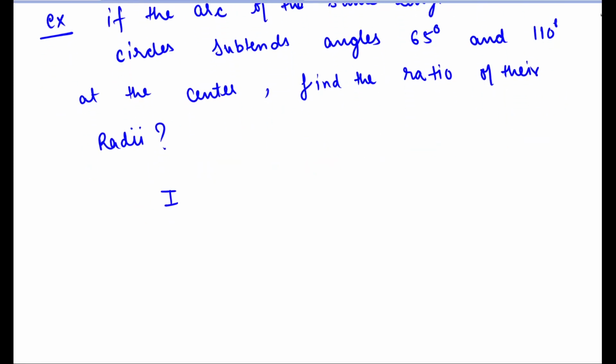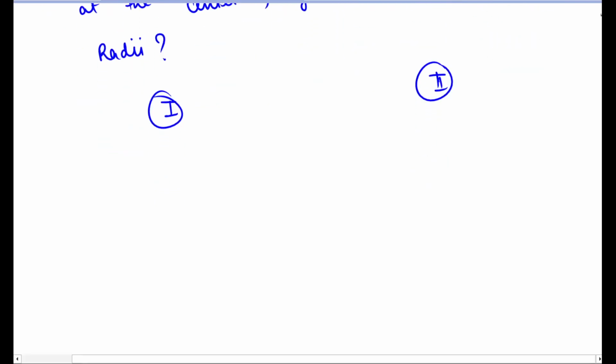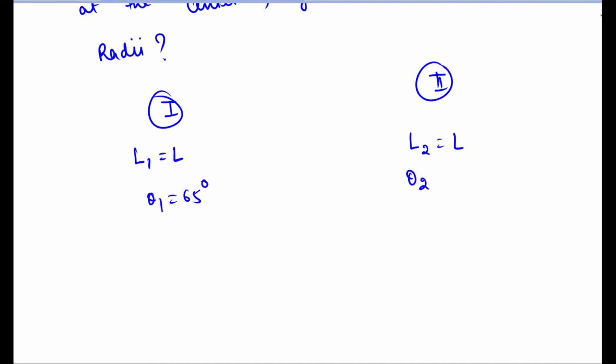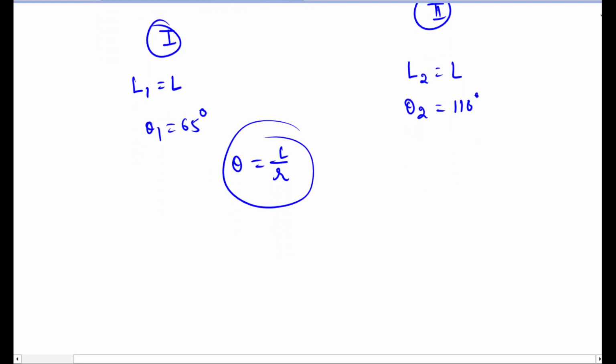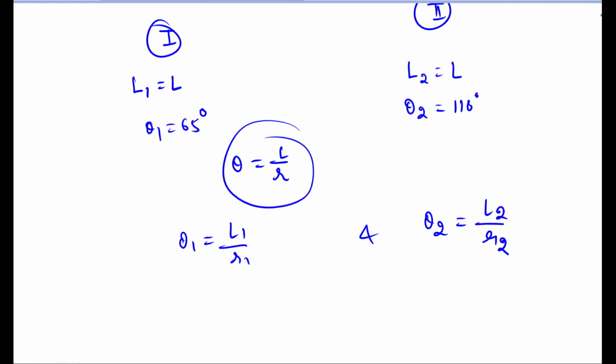So we have two circles, first and second. According to the question, the arc length is L and both arc lengths are the same. We have theta 1 is 65 degree and theta 2 is 110 degree, and we know the relation theta is equal to L by R. So theta 1 is equal to L1 by R1 and theta 2 is equal to L2 by R2.